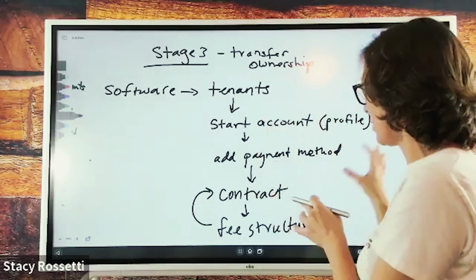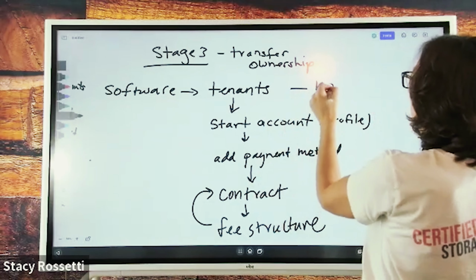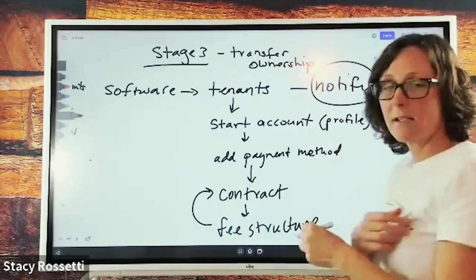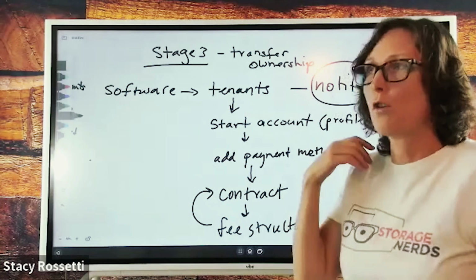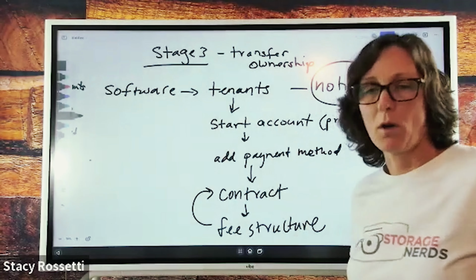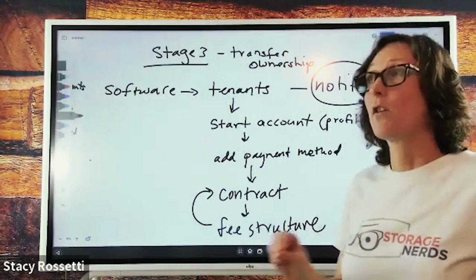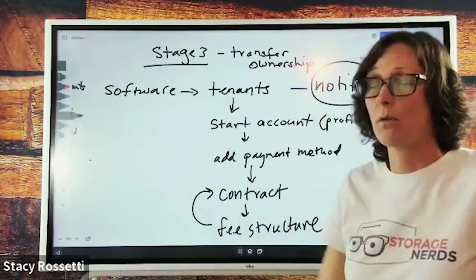Another part of transfer ownership is that you have to notify the tenants that you're the new owner. We notify them that we're the new owner, and on top of that, we get the owners to notify them that they're selling the property and that we're the new owner. So the tenants get notified twice.